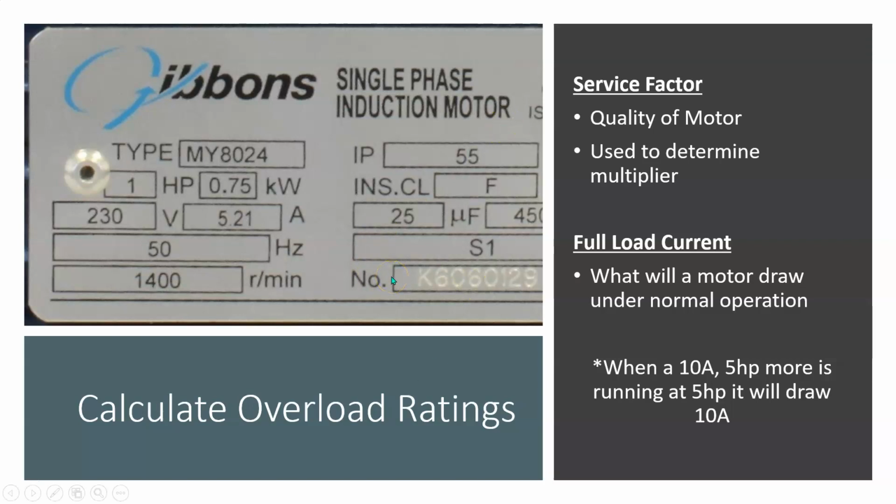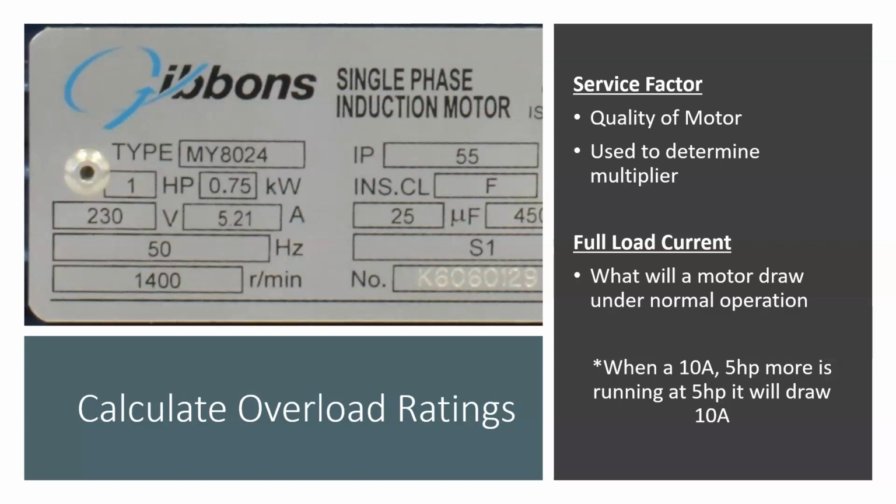So on motor labels, we're going to be calculating overload ratings. All the information is going to be on your label. Your service factor is pretty much the quality of the motor, like I was saying. It's used to determine a multiplier, which I'll get to in a minute. And then full load current. This is the amount of current that a motor is going to be drawing at normal operation, whatever its job is, when it's starting to do that job or continually doing that job.